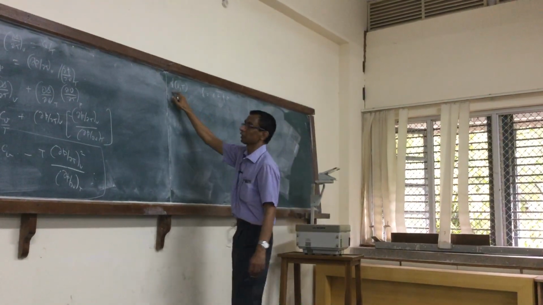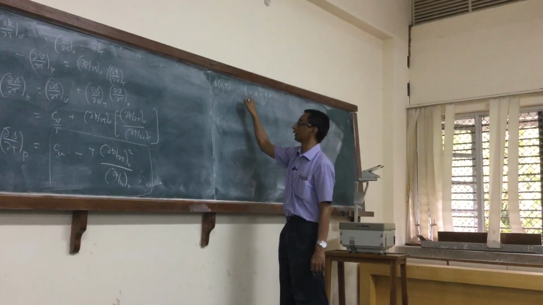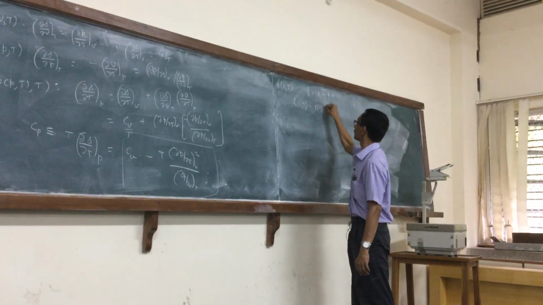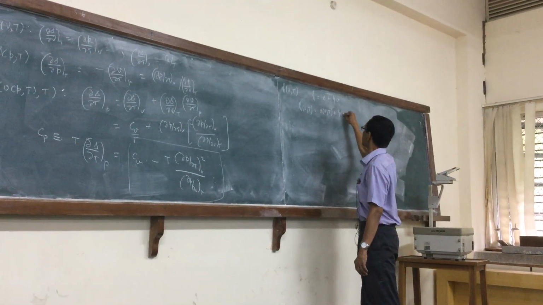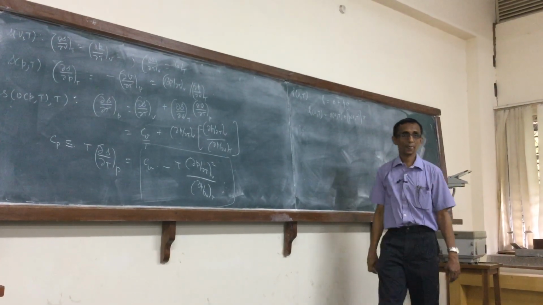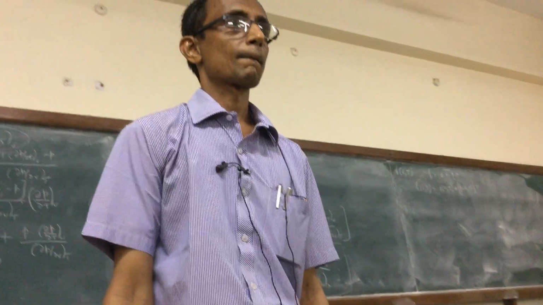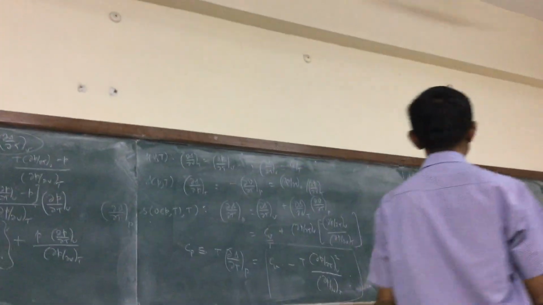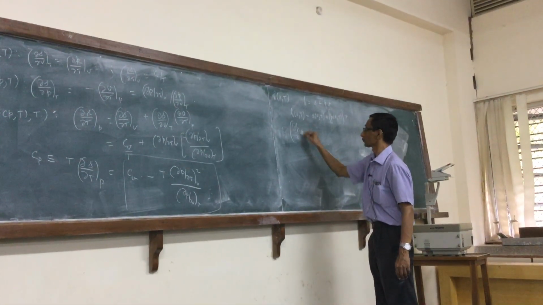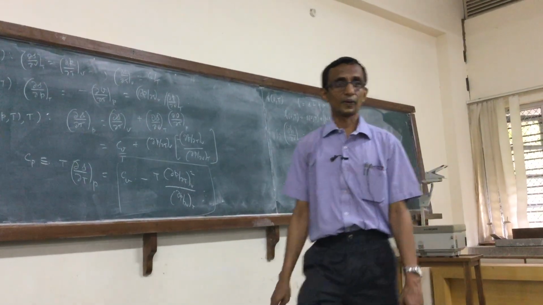So if I want the derivative of H with respect to V and T, then I have to express everything in terms of V and T. So I can write this as H(V,T) is E(V,T) plus P(V,T) times V. So now what is dH by dV?